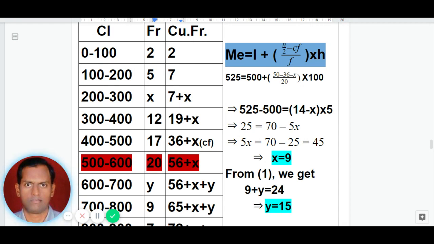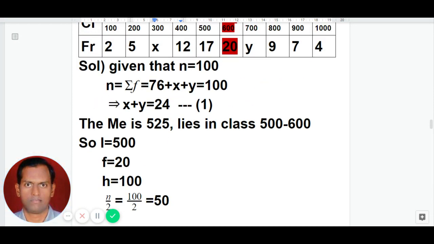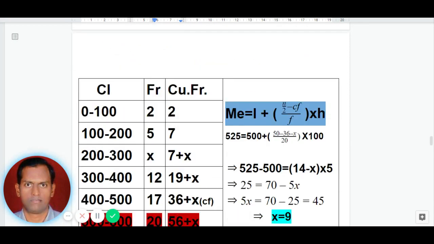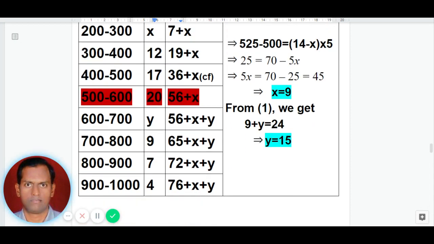So x is equal to 45 by 5, that means 9. Now substituting x value in equation number 1, x plus y is equal to 24. So x value is 9, so 9 plus y is equal to 24. So y is equal to 15. Hence, we completed this problem.